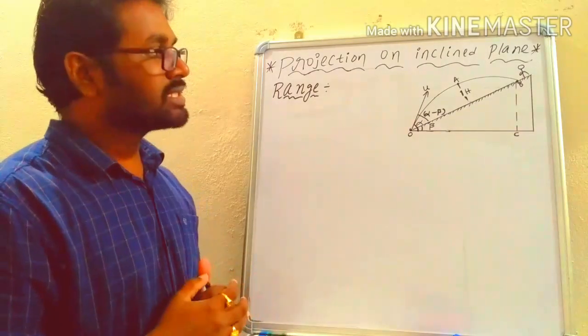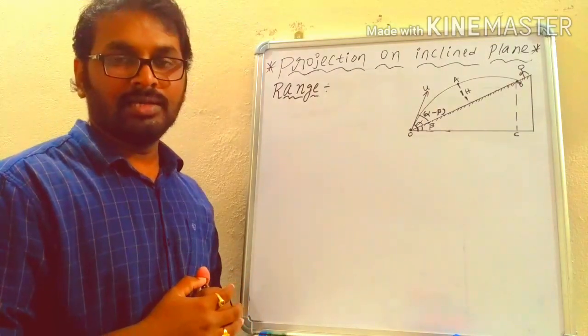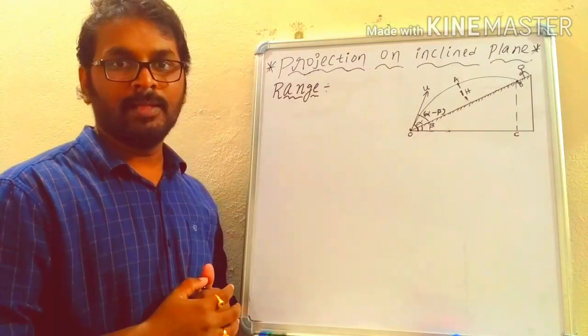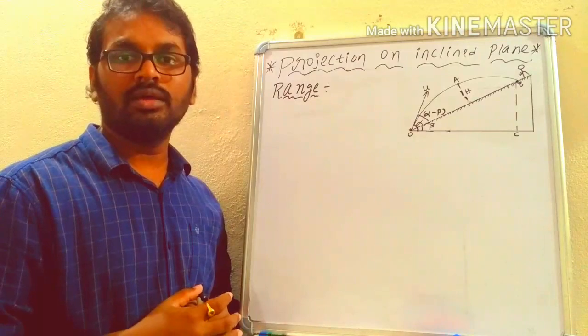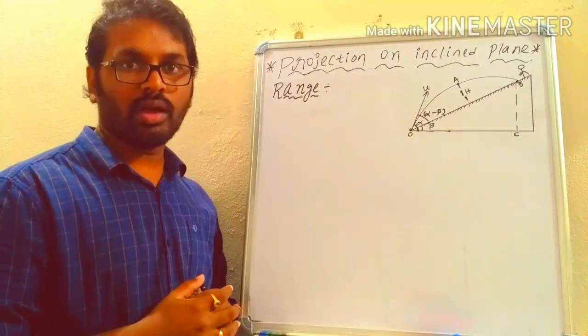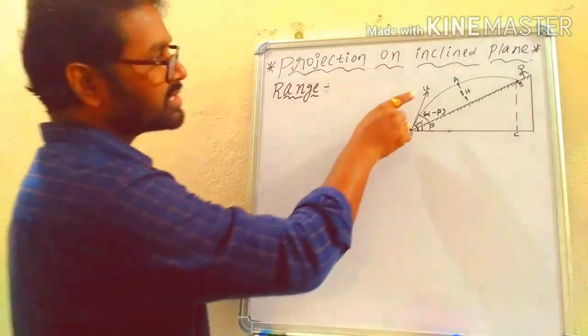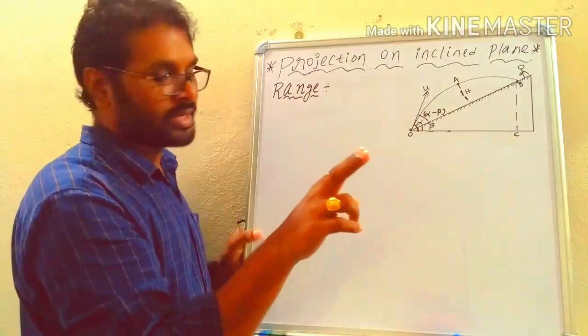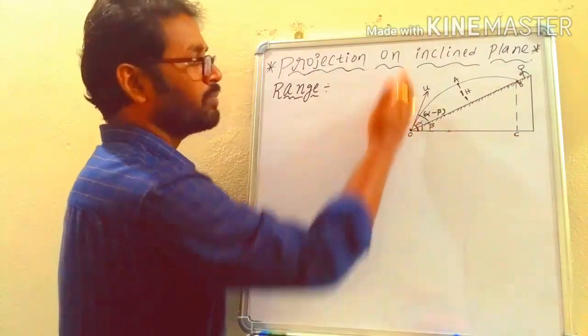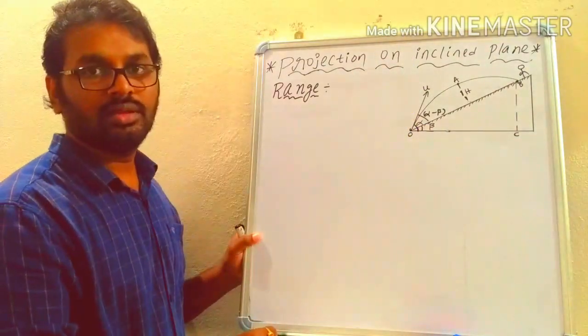If I use the x and y coordinates, just as we did in the case of finding the time of flight, the equations will become more complicated. So rather than using the x and y axes, you resolve this velocity into two components, along the OC line and perpendicular to the OC line.